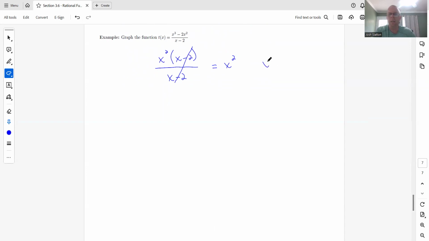And x equals 2 is a hole because it canceled out. So the domain is all real numbers except for 2 because that would make the denominator be 0, but there's no asymptote. And this one is just going to look like y equals x squared, except we need to take out that point where x equals 2, which means that y equals 4.